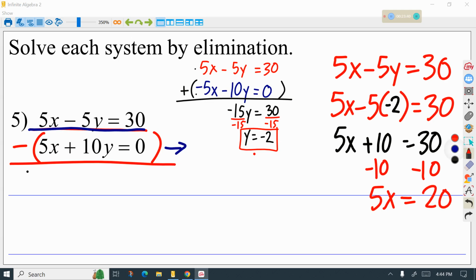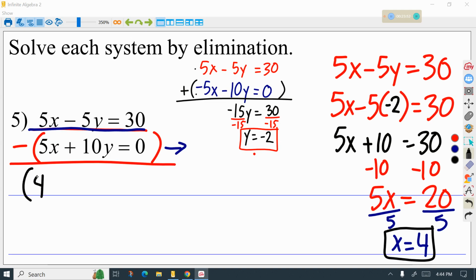Then I'm going to divide both sides by 5, and we'll have x is equal to 4. And so we get the second coordinate, and we're good. So x equals 4, y equals negative 2 is the solution to the system of equations. And then you guys can move on to the next problem.